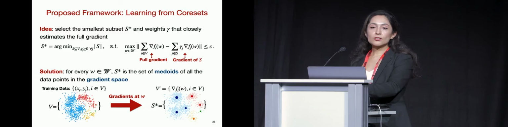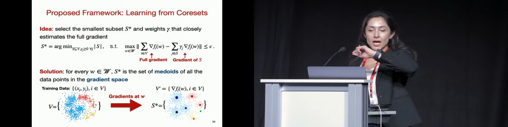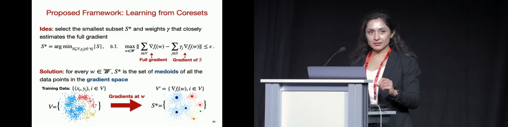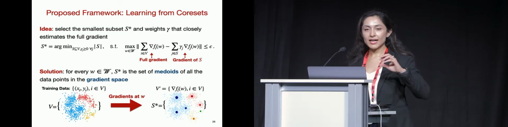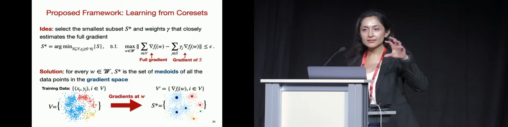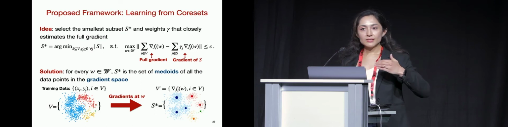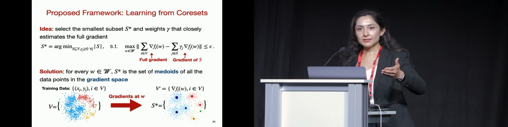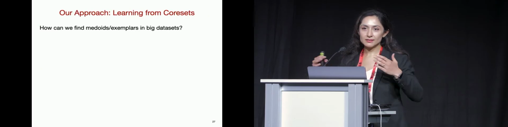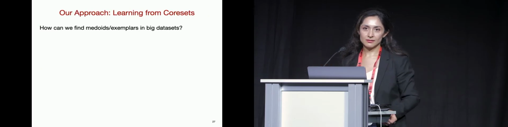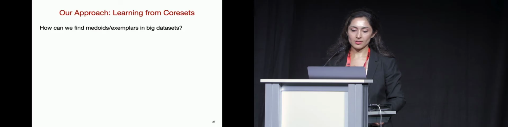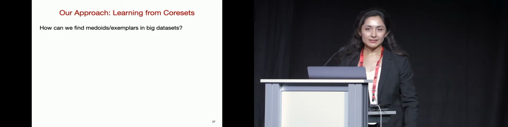Imagine that I can cluster them. Now I can take the cluster centers of these gradients. I can weight every center by the size of the corresponding cluster. And now the weighted cluster centers have a very similar gradient to the gradient of full data, right? Okay. So this is how we can find a subset.